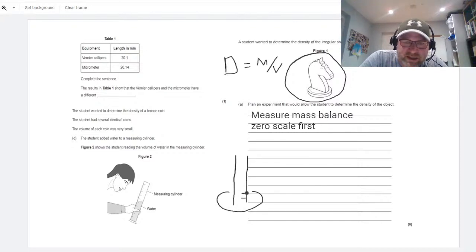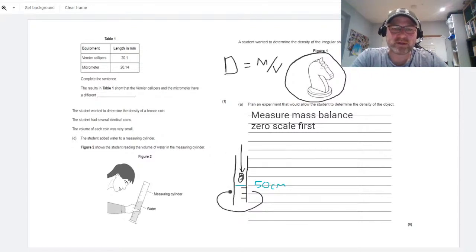Here's my measuring cylinder. And here's my water. I'm going to fill it with some water, up to like 50 centimeters, let's say. Then you're going to chuck your chess piece in there. What's going to happen to the water when that goes in?